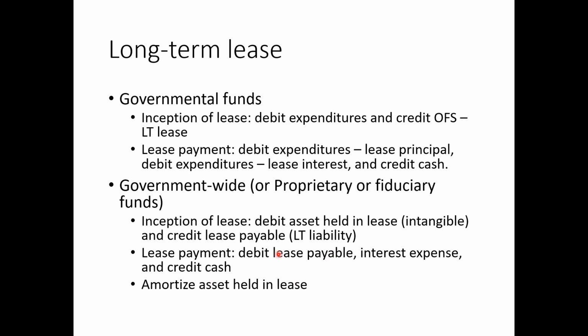So this could be viewed as the principal, and this is the interest, very similar to this one. In addition to these transactions, we will need to amortize these assets held in lease.